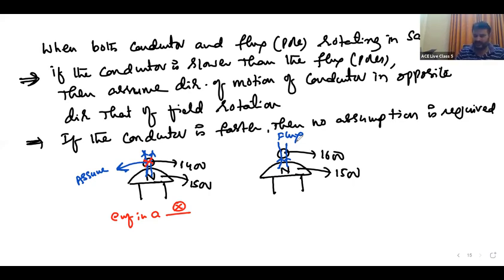The current is outwards. Here, no assumption is required in this diagram. But earlier, you have to assume a counterclockwise direction in the first diagram, because the conductor is slower. So EMF in A is dot in this.